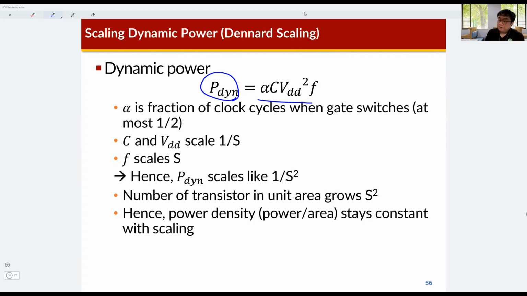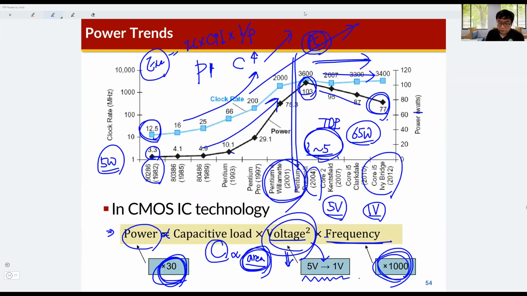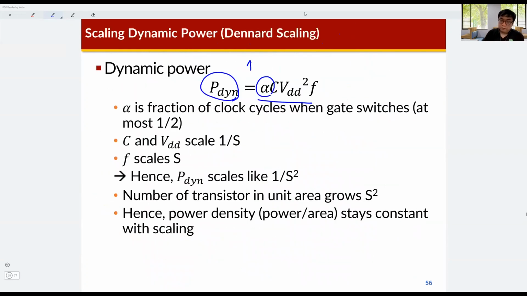This is the same equation. The alpha means the activity factor, so it's the switching factor. In the previous equation, this switching factor is not shown, but normally we use this switching factor, which is determined by the application, so actually it's usually the same. And C means the capacitance of a circuit, so that is the area of the circuit.